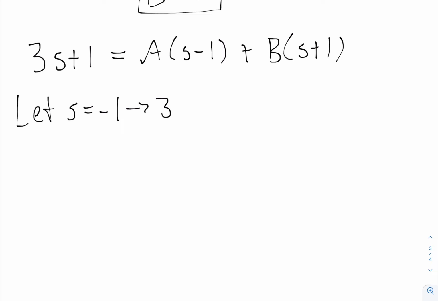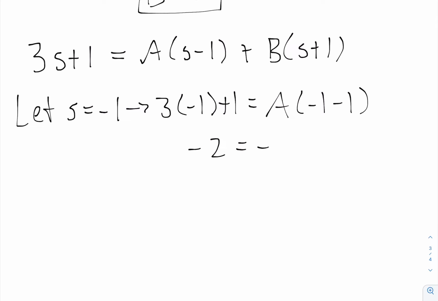So we'll get 3 times negative 1 plus 1 equals a times negative 1 minus 1. So 3 times negative 1 is negative 3, plus 1 is negative 2, and this will be negative 2a. So that means a equals 1.